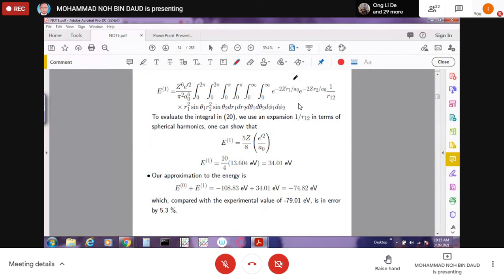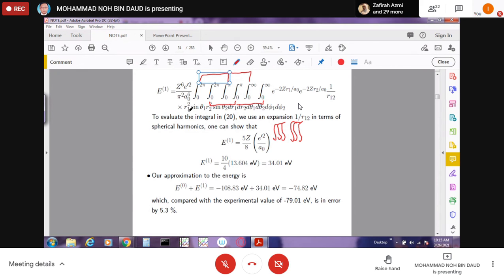Now we have these wave functions, so we have these triple integrals. This is for electron 1, and this is for electron 2. For the first triple integral for electron 1, we have this second triple integral for electron 2, over these volume elements.